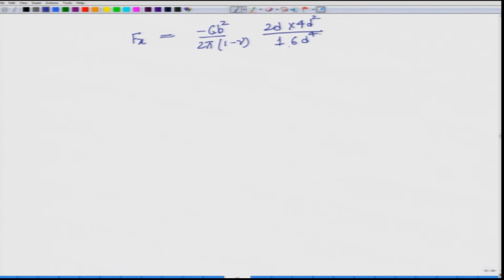So, this is 16d to the power 4, and now this is the force acting on the edge dislocation.